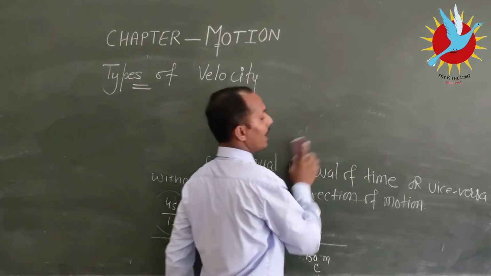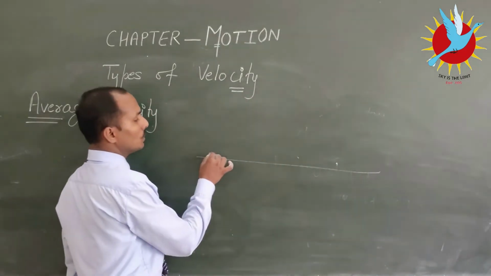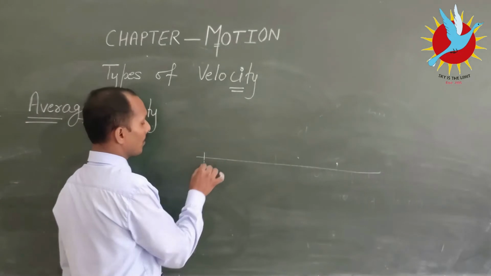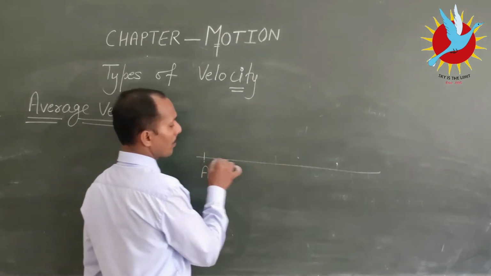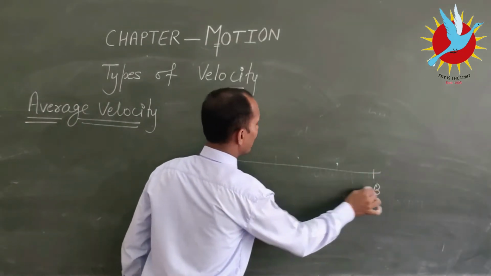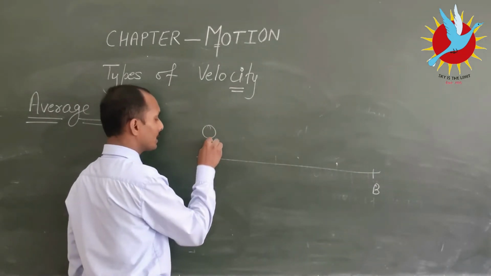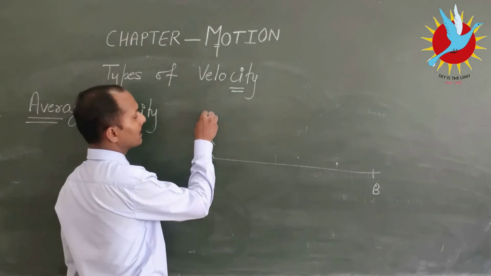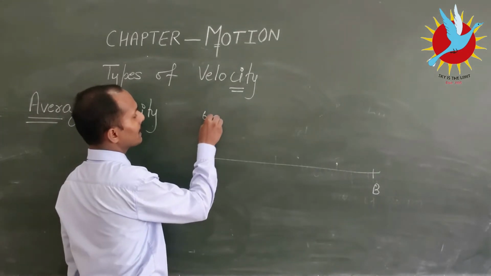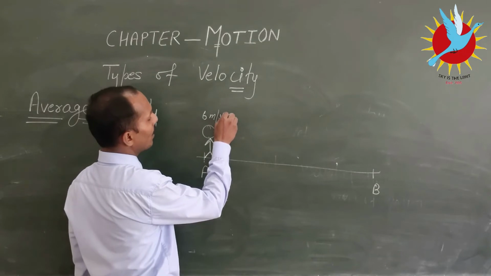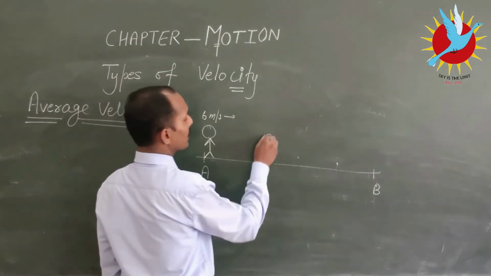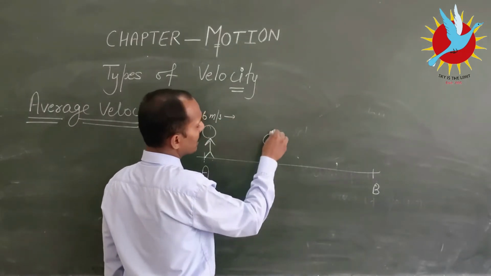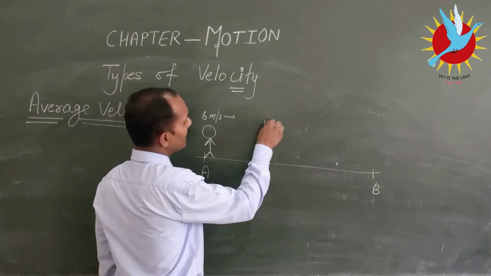Next is average velocity. What does it mean? Suppose a person is moving from A to B. Here the velocity is 6 meters per second along east. Then the speed changes to 10 meters per second.